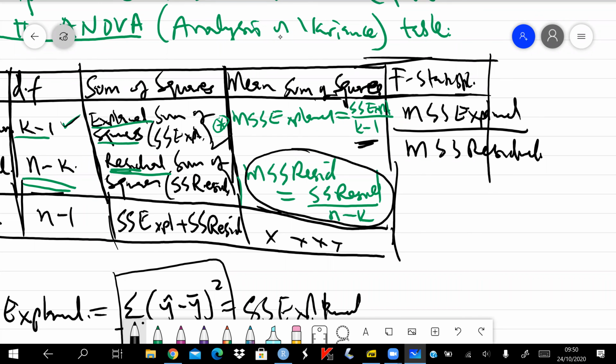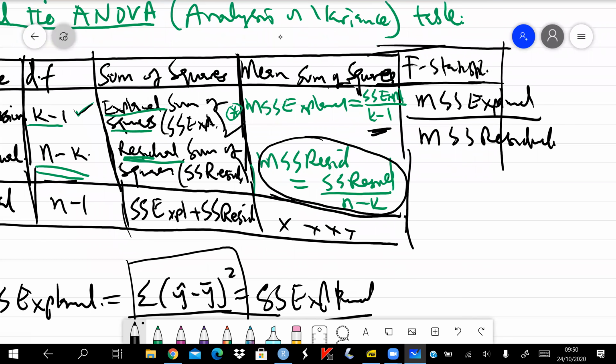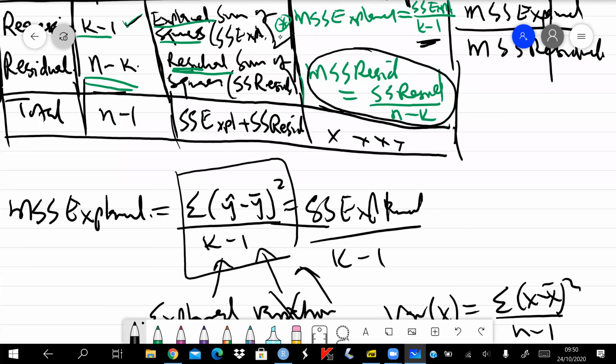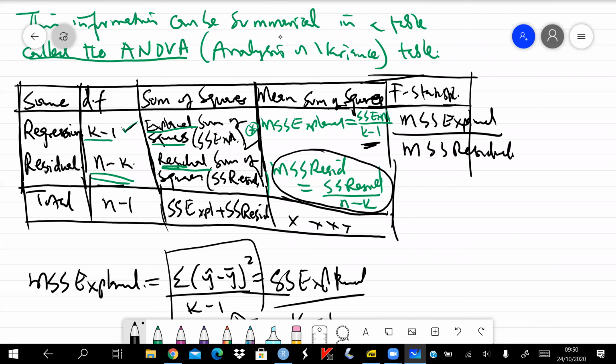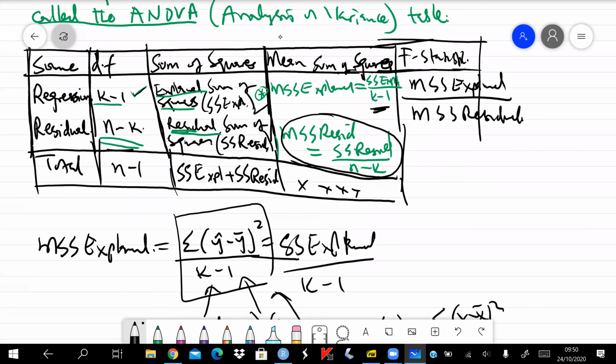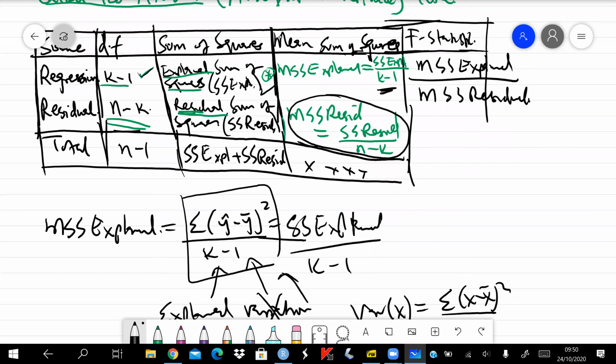If the model is not very good, you might find the ratio being less than 1. That means maybe you have left out so many variables, or so much is not explained by the model. So we have this F statistic, given by that ratio. That's the statistic we shall use later when we go to testing of hypothesis to check how good the fit is. Let me know if there's a question there.